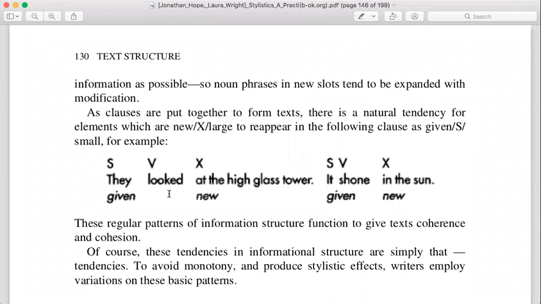Okay, they looked, whatever they looked at, right? There is no strict grammatical rule. Please be clear about it. I was just giving you an example, and the text that we are about to practice is only related to given and new in the form of nouns and pronouns.